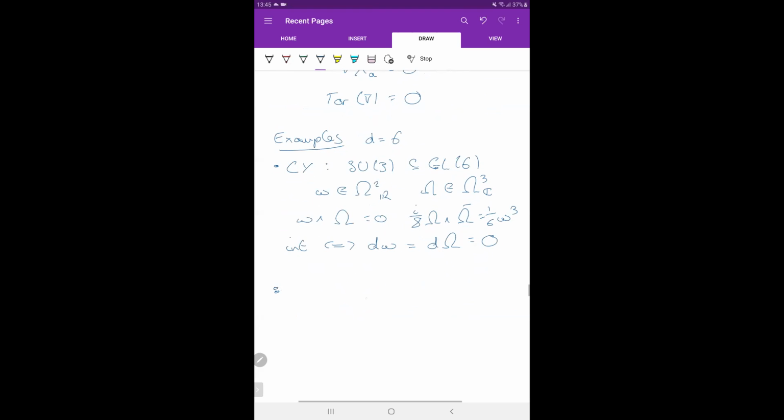The other one you might have seen is a metric or a Riemannian structure, which is an O6 structure, and it's defined by a metric, and it's always integrable. This is the fundamental theorem of Riemannian geometry. And note that this is the maximally compact subgroup of GL6.